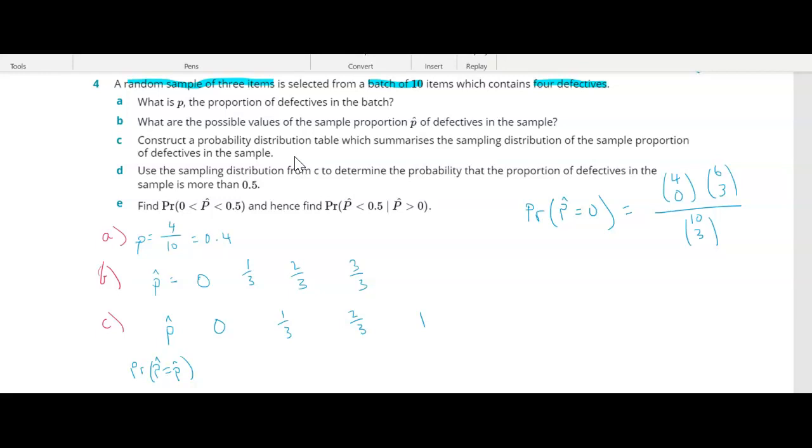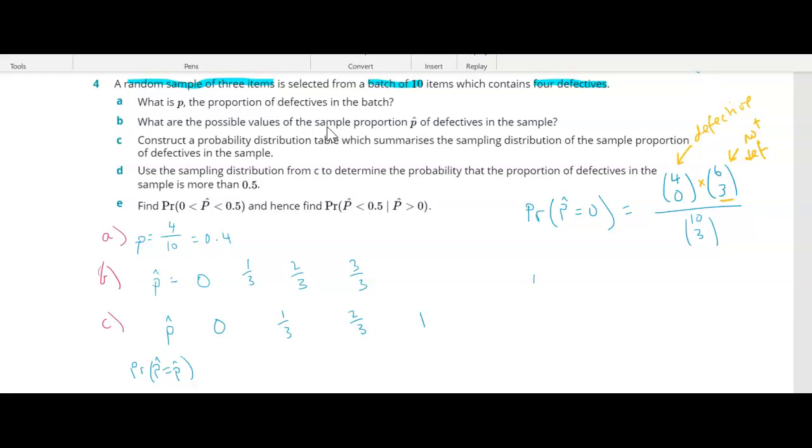So the first, I should put a times in here. This one here is the defective, and this is not defective. So it got 0 defective. Remember, we're taking a sample of 3, so that means 3 have to be not defective.